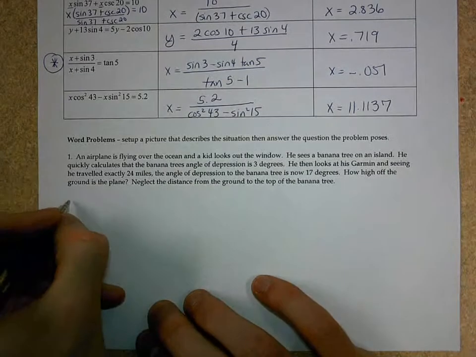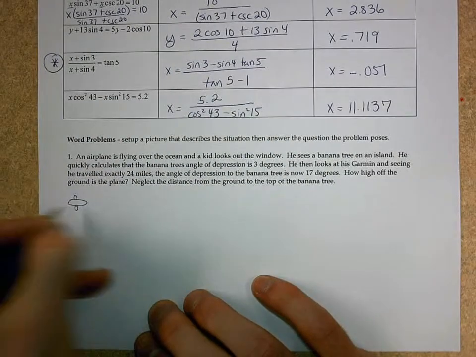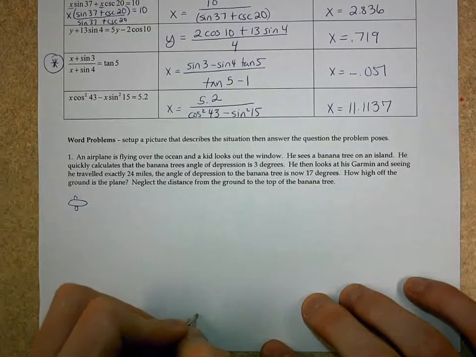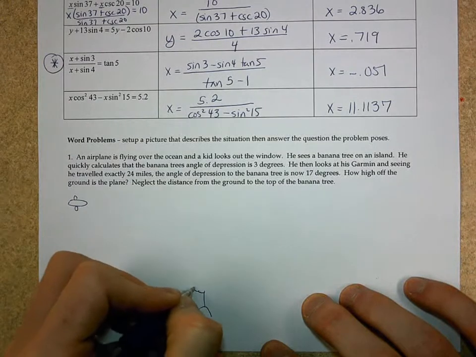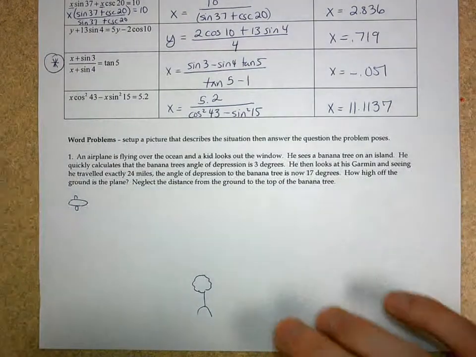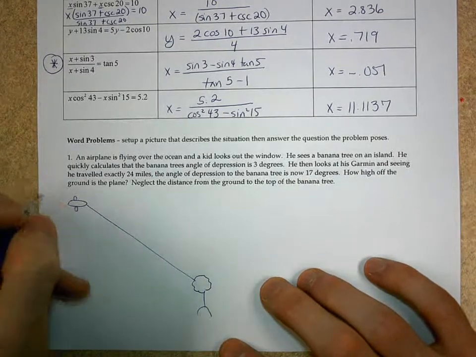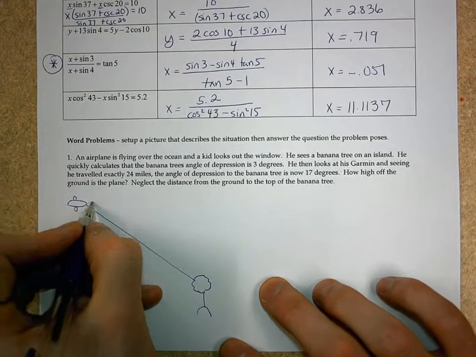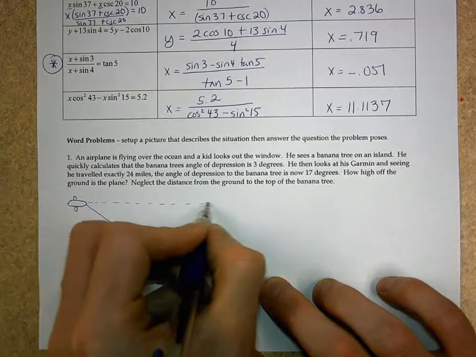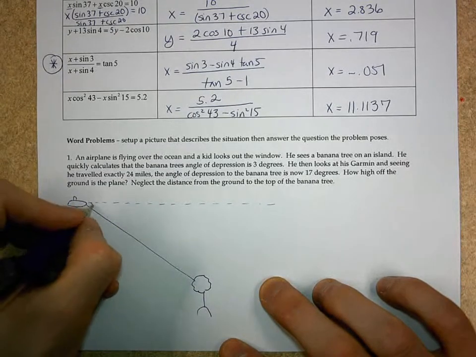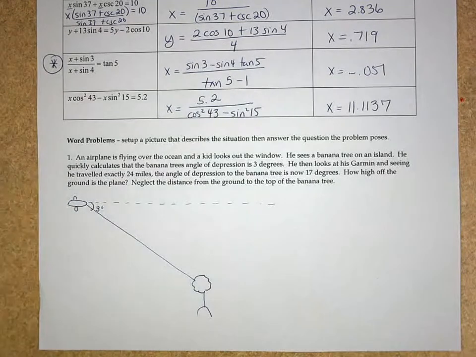So we'll draw a little sketch here. We've got the plane, and we've got the banana tree down here. And the kid looks out the plane to the banana tree, and the angle of depression, here's the direction the plane is traveling, is 3 degrees.